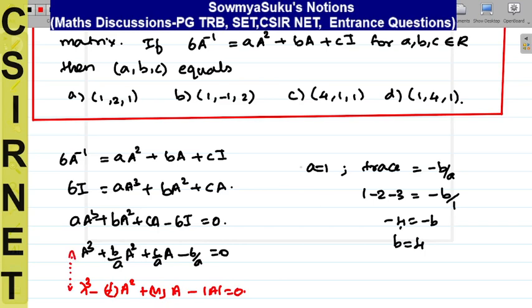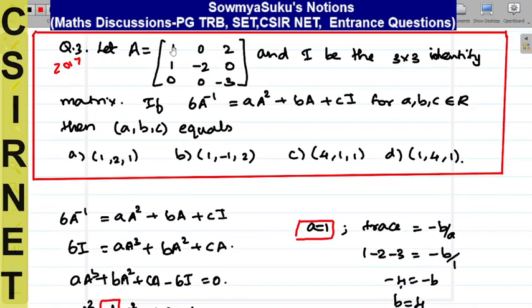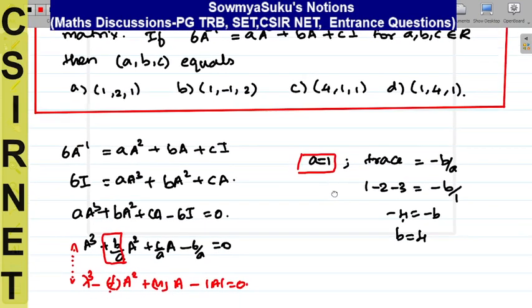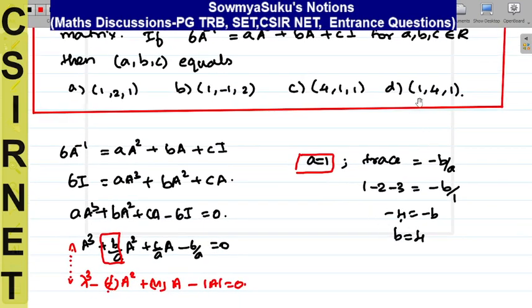Then the trace is equal to minus B by A, because of the minus trace term. So the trace, the sum of the diagonal values of this matrix, 1 minus 2 minus 3, is equal to minus B divided by A, whose value is 1, so we can see B equals 4. So from this A equals 1, B equals 4, option D is there. So automatically you can write that option D is the correct one.